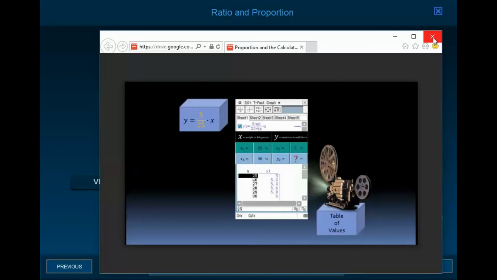Here we see that our 25 kilogram weight requires 5 milliliters of medicine. A 28 kilogram weight requires 5.6 milliliters of medicine, and so on. We can move through our table, and just as we did by hand, we have that a 40 kilogram weight requires 8 milliliters.